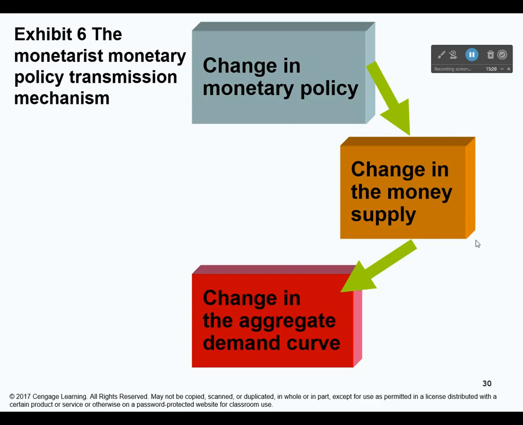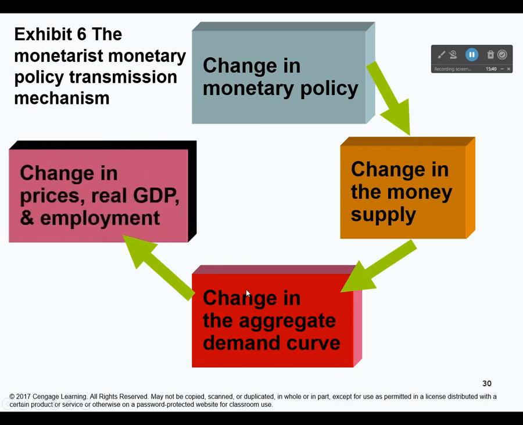This change in the money supply changes interest rates, which changes investment spending, which then changes aggregate demand. To the monetarists, it's a more direct link. The change in the money supply directly causes a change in aggregate demand, and then causes changes in prices, real GDP, and unemployment. So they cut out a few steps.